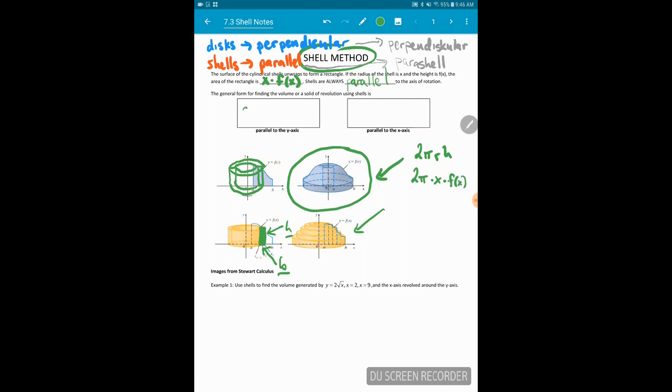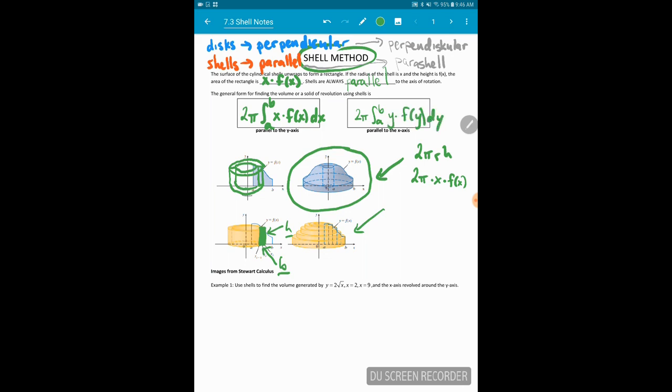So if I have the shell method, I'm going to do 2 pi times the integral from a to b of x times f of x dx. That's typically what ends up happening. And over here, it's 2 pi times the integral from a to b of y times f of y dy.